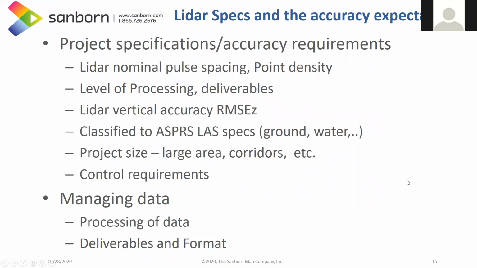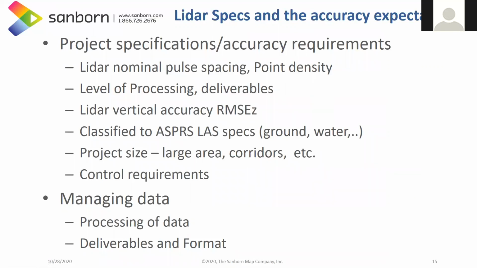The first point I mentioned was LiDAR specifications and the accuracy expectations. What we need to cover under this category is the LiDAR nominal pulse spacing or the point density that is expected, the level of processing, what sort of deliverables are expected, and the most important thing, what sort of vertical accuracy the client is expecting, and whether we can achieve that accuracy with the equipment that you plan to use.